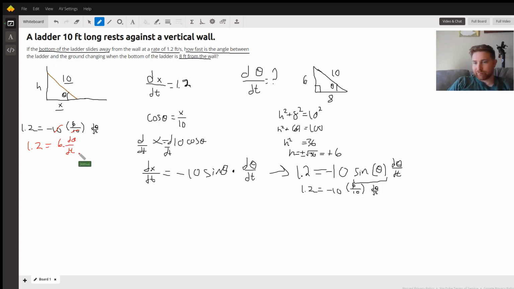Just divide by negative 6. So d theta/dt is going to be 1.2 divided by negative 6. Putting that in a calculator, it looks like it's going to be about negative 0.2. And that's it.